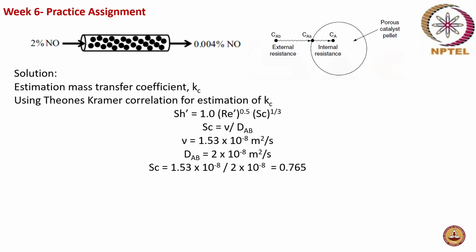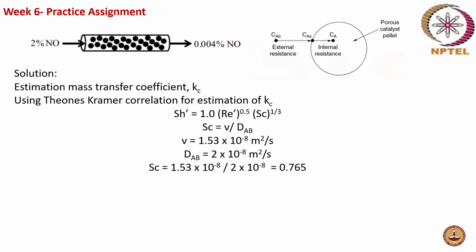Substituting these two, the Schmidt number is 1.53 into 10 power minus 8 divided by 2 into 10 power minus 8, which is equal to 0.765. So we have determined the Schmidt number.